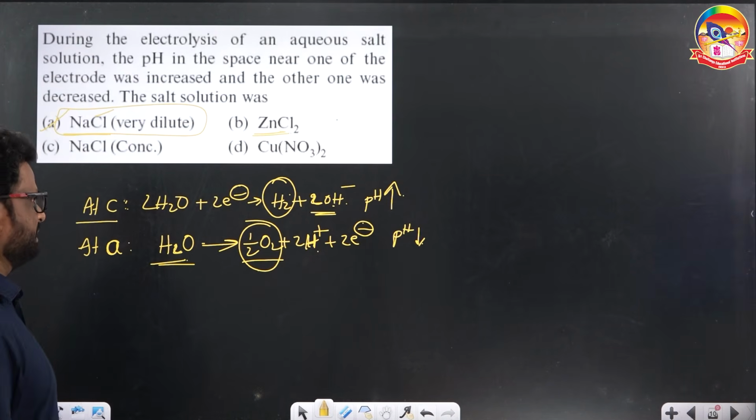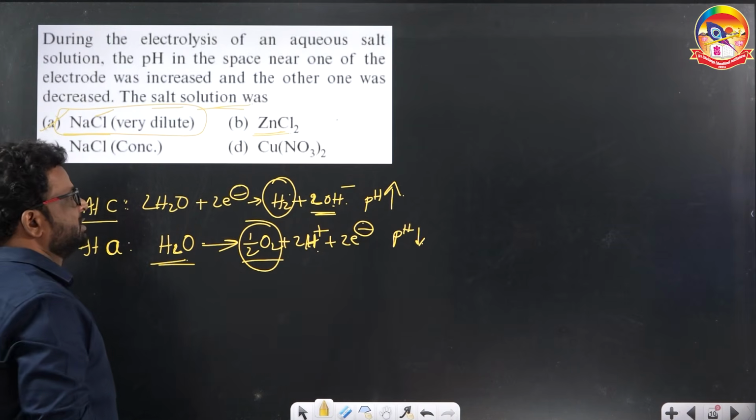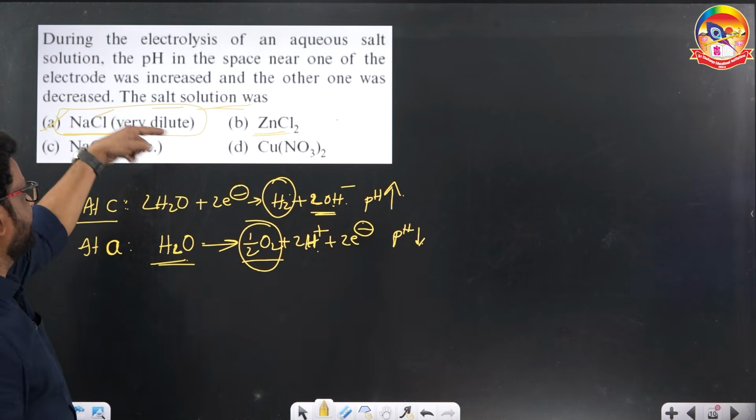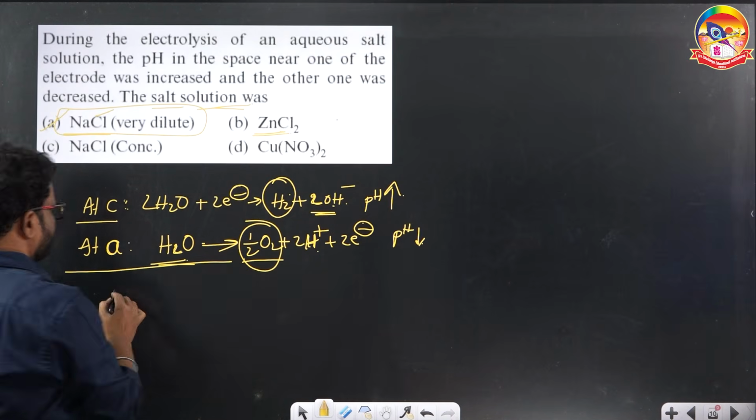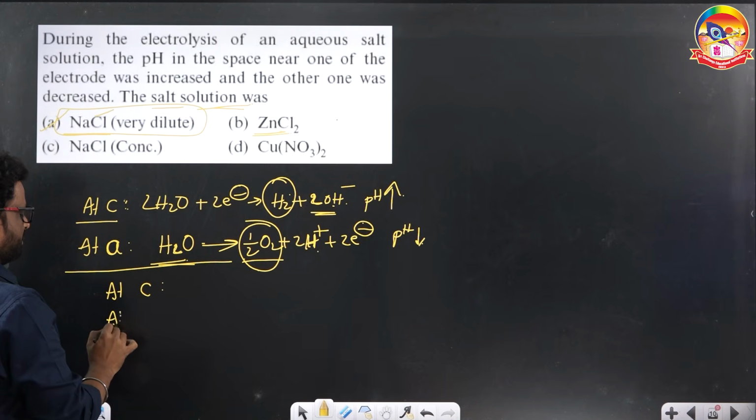ZnCl2: when nothing is mentioned, consider it an aqueous solution. The salt solution was mentioned, so we take aqueous ZnCl2. What are the preferable reactions at the cathode and at the anode?